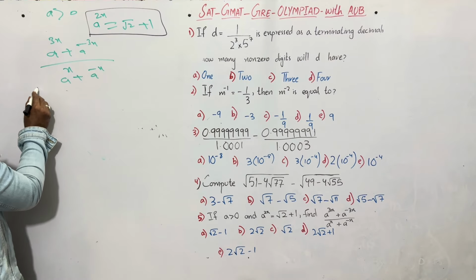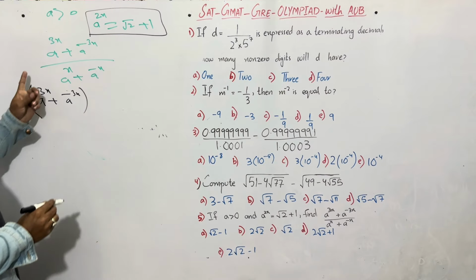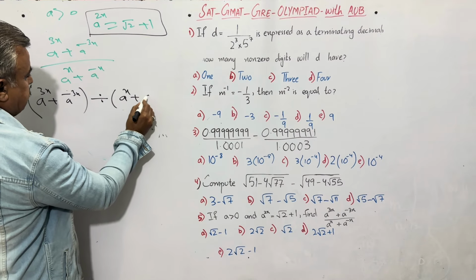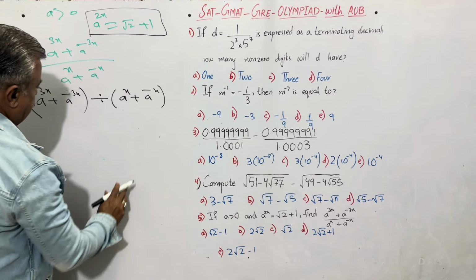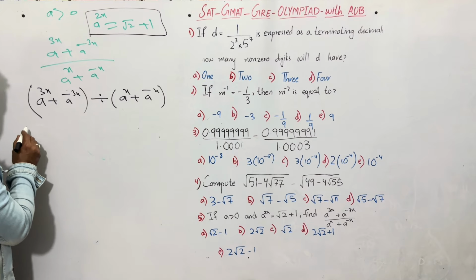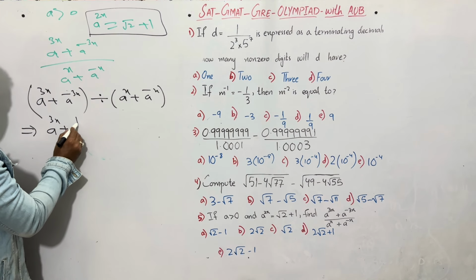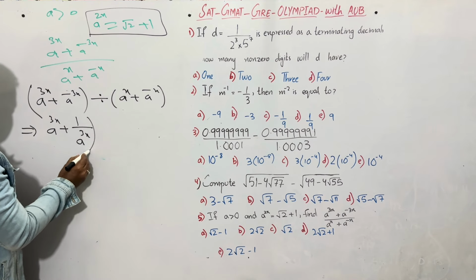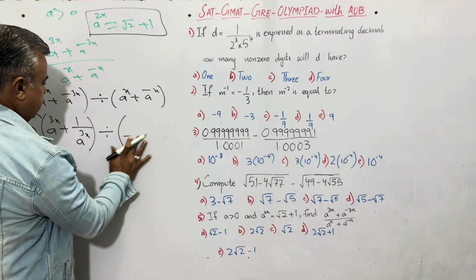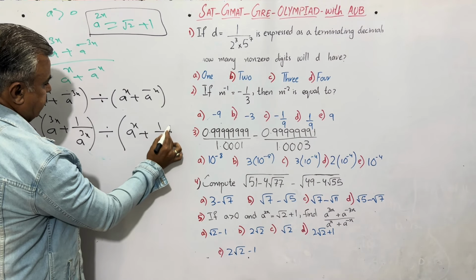If we write a raised 3x plus a raised minus 3x, divide by a raised x plus a raised minus x, to give you a good view, turning the negative exponents to positive, working along the same lines: a raised 3x plus 1 over a raised 3x, divided by a raised x plus 1 over a raised x.